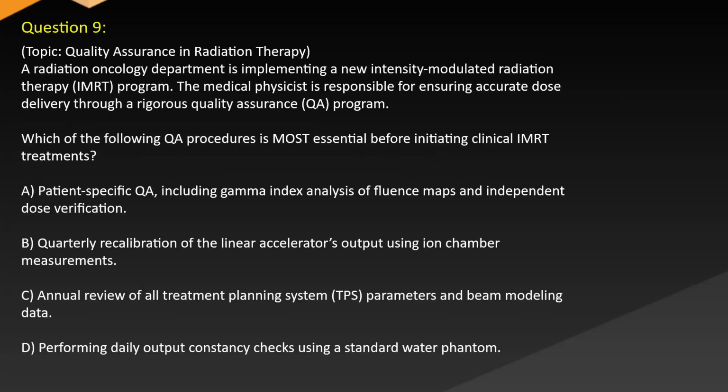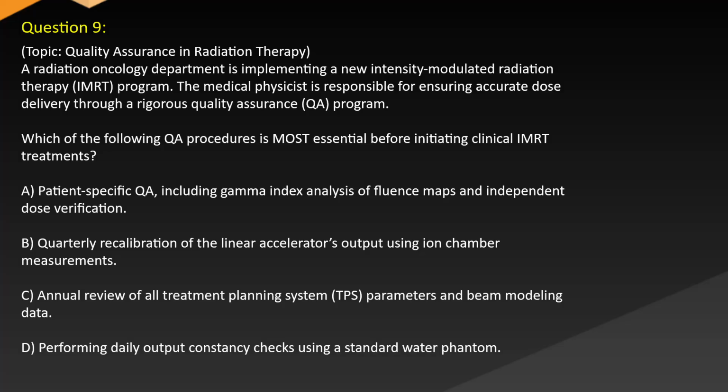Question 9. Topic: Quality assurance in radiation therapy. A radiation oncology department is implementing a new intensity modulated radiation therapy (IMRT) program. The medical physicist is responsible for ensuring accurate dose delivery through a rigorous quality assurance (QA) program. Which of the following QA procedures is most essential before initiating clinical IMRT treatments?